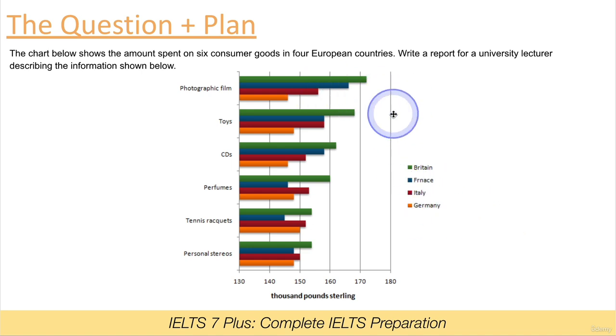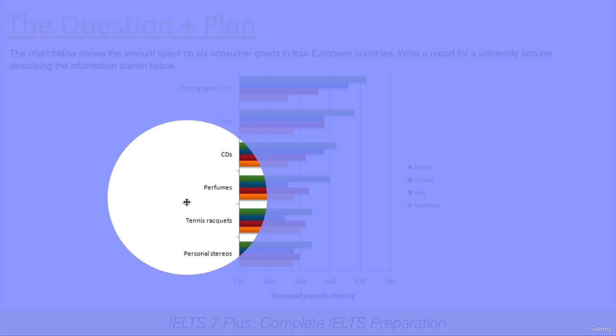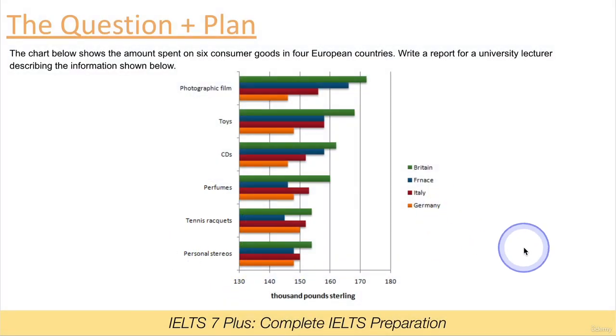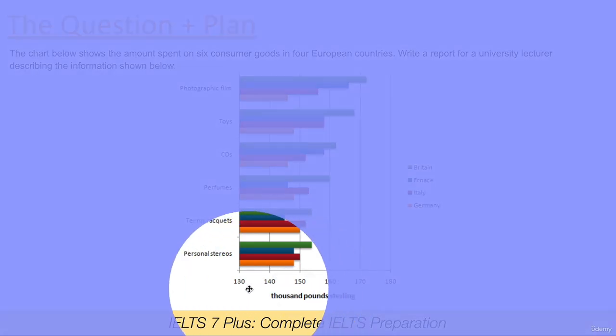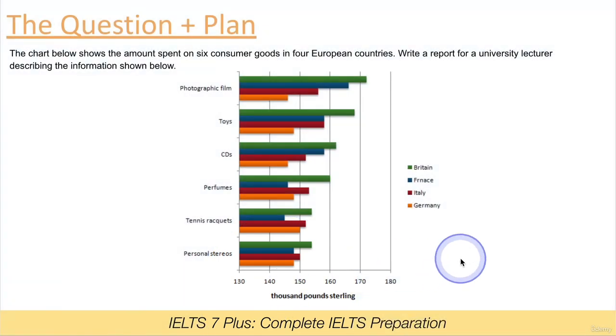Okay, and then over here we have our 6 consumer goods: photographic film, toys, CDs, perfumes, tennis rackets and personal stereos. Right, and down here we have the number in £1,000 sterling.